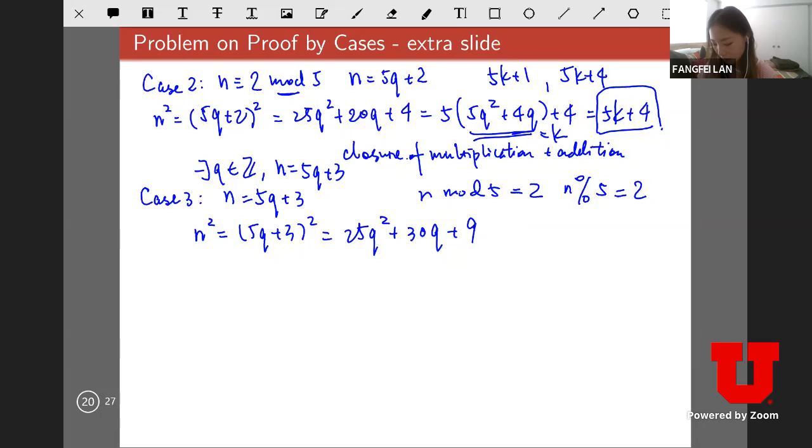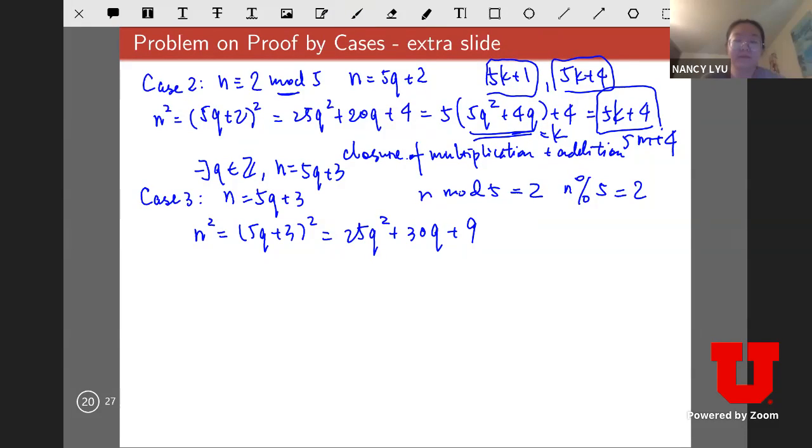I think that's fine if you just let it equal k. But if you let that equal m or other variables, it also works. So this can be 5m plus 4 if you let this be m, and that's fine too. You just need something that looks like these two forms, and the variable can change. It can really be anything.